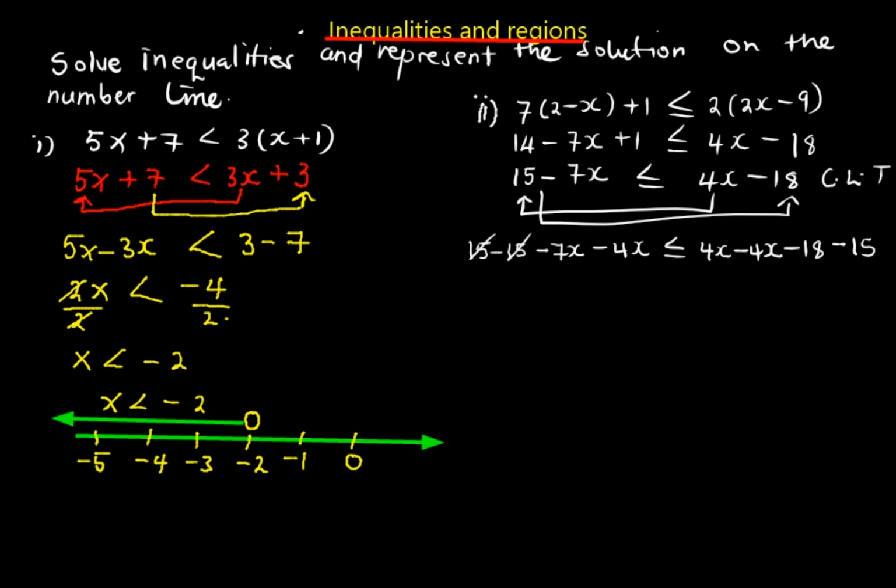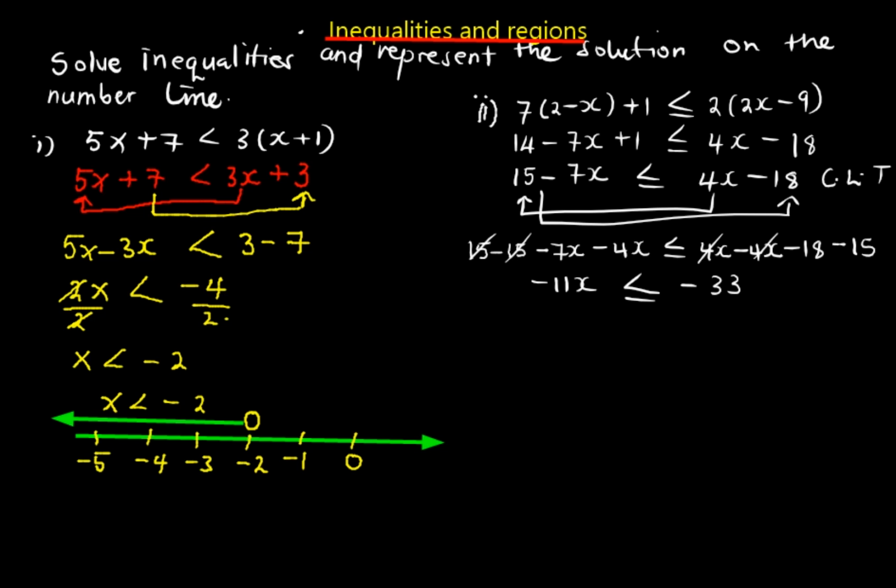This 15 will die with that, and 4x will die with negative 4x. What is negative 7x minus 4x? That is negative 11x, and everything is either less than or equal to negative 33.